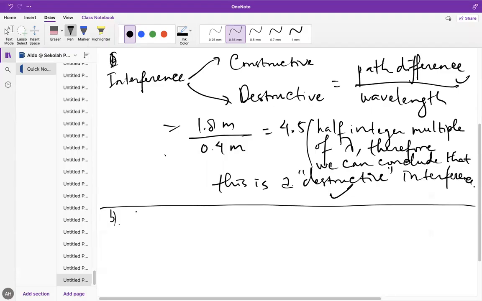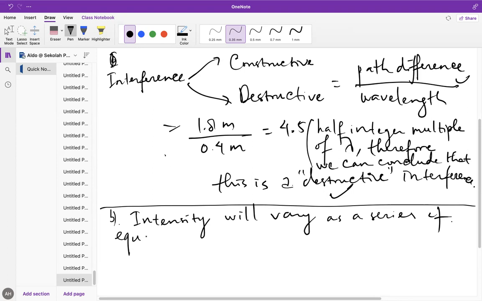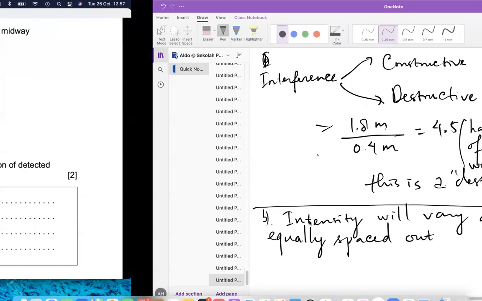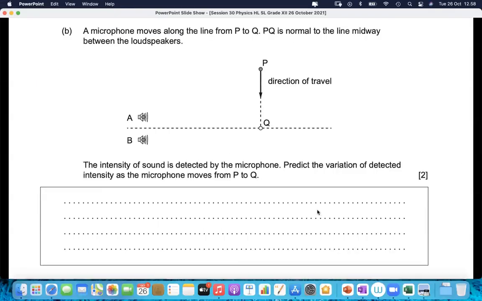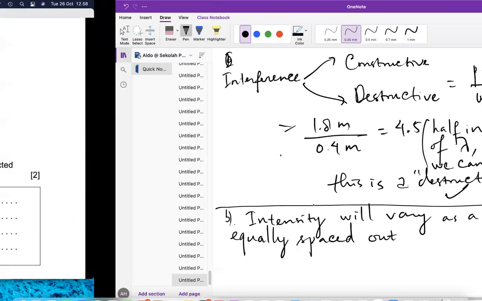So we can say like this: intensity will vary as a series of equally spaced out maxima and minima.